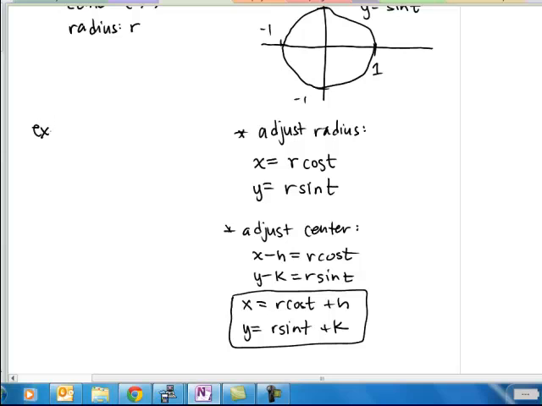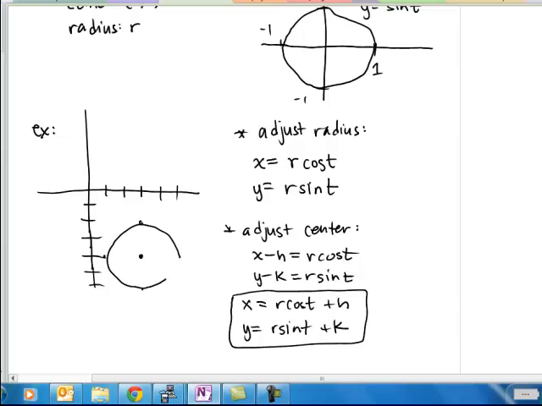So for example, if I want the circle with center 3, negative 4, and radius 2, I could say x equals 3 plus 2 cos t, and y equals negative 4 plus 2 sine t.